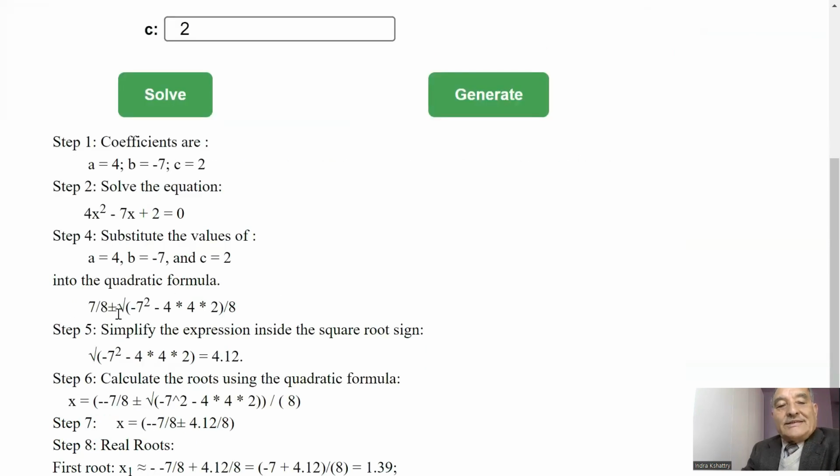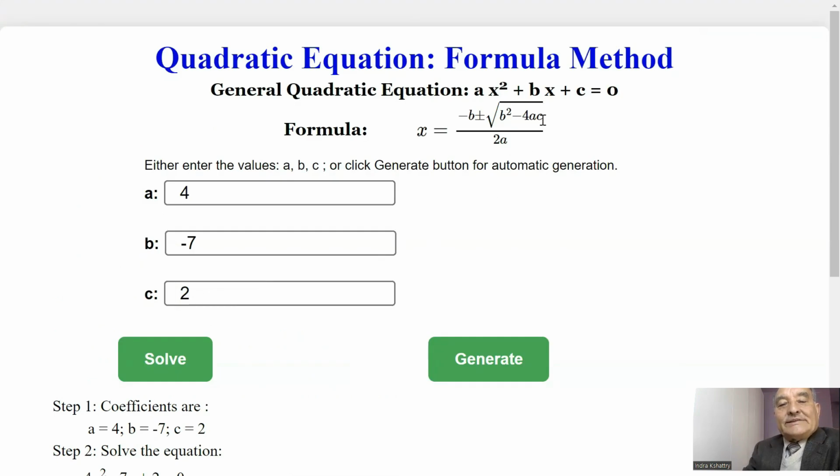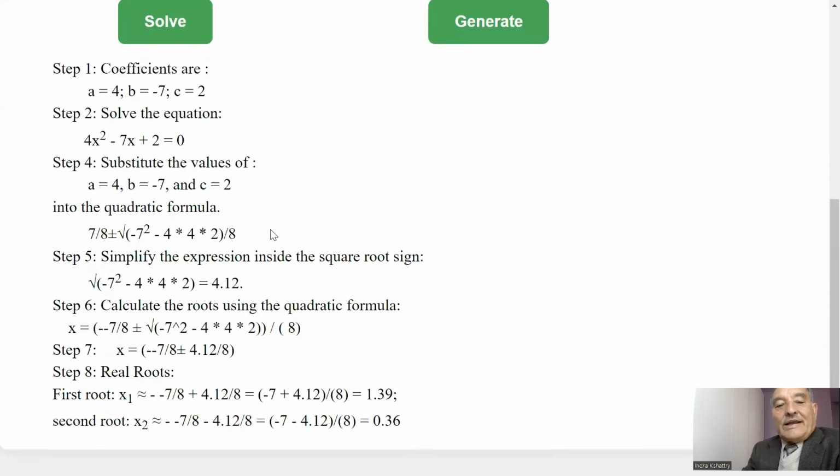That results in this expression here. The expression inside the radical sign, b squared minus 4ac, called the discriminant function, is important to decide the nature of the roots. So we calculate its value here.